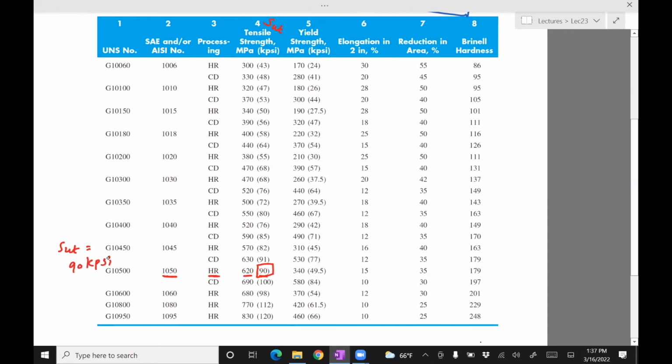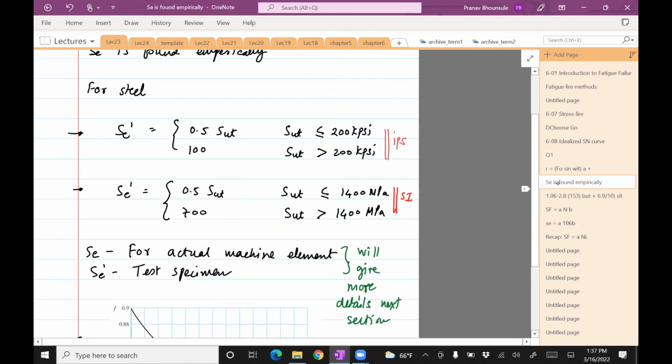So let's go back to that formula. It's under 200 kpsi ultimate strength, so we need to use this formula. SE prime is 0.5 SUT, where SUT, as you saw from the table, is 90 kpsi.